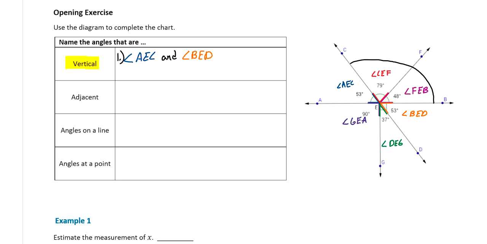So CEB is a vertical angle. Let's see what line.